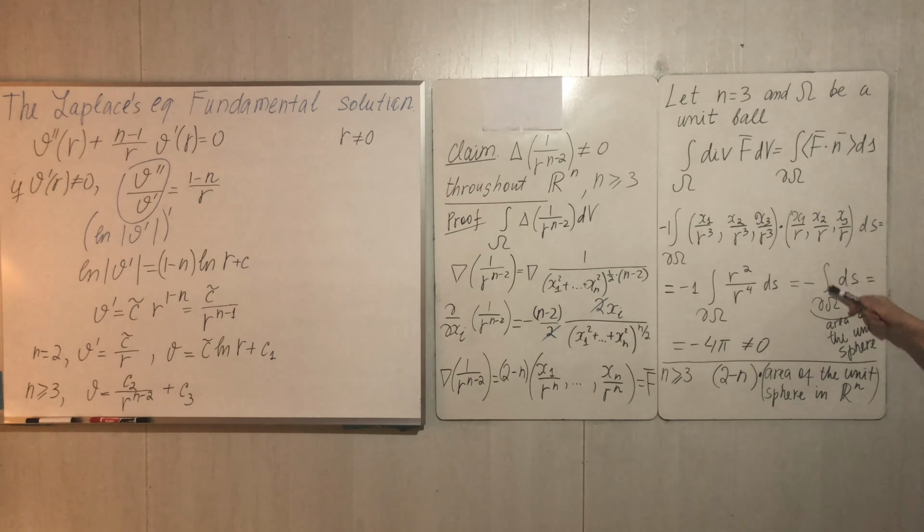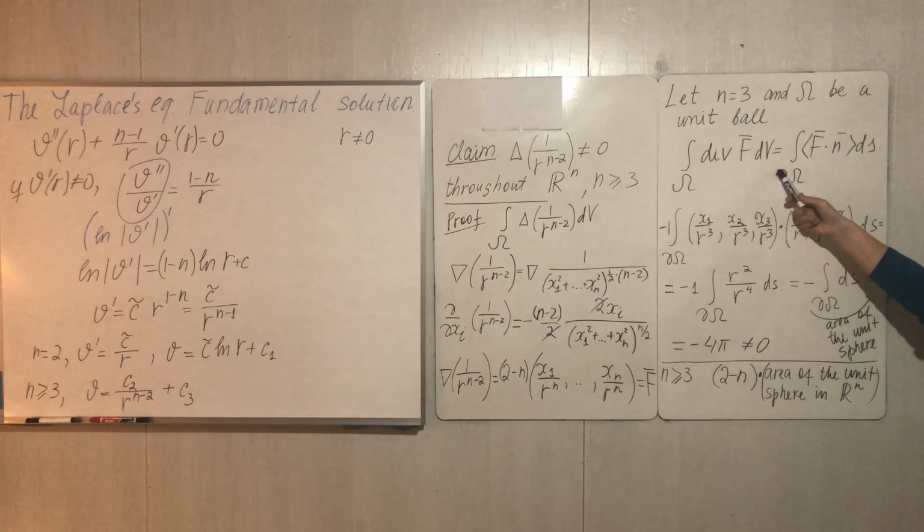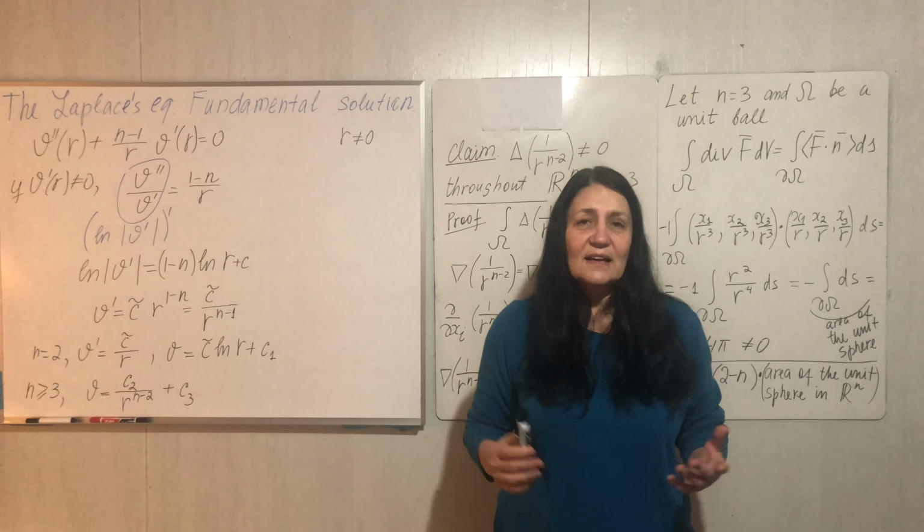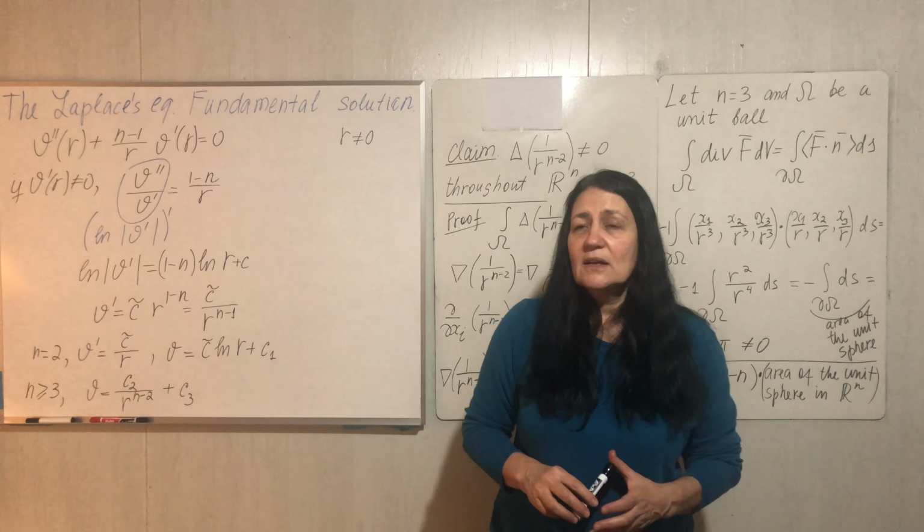So how can we generalize this and compute it in the n-dimensional case? Here we will have some n-form, and here the corresponding n-1 form. The -1 came from 2 minus n, so we get 2 minus n times the area of the unit sphere in Rn.